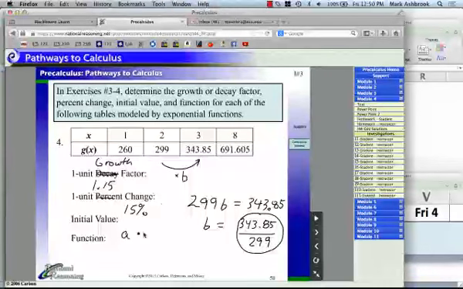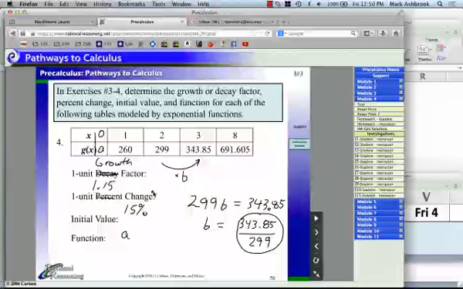Omar. A equals 299 times 1.15. No, so A is back here. All right, hold on a sec. So A is back here. So how does A, yeah.